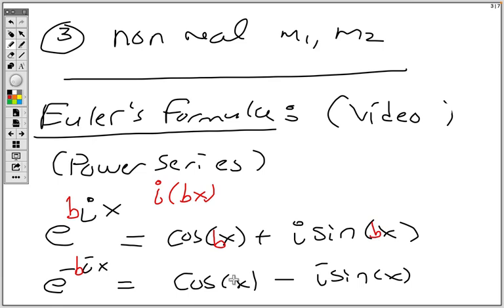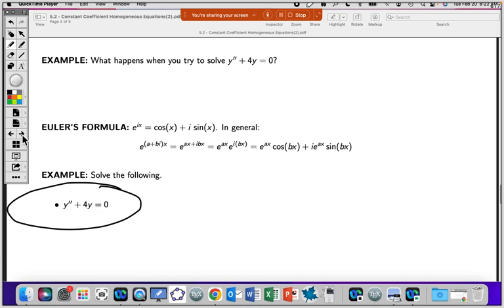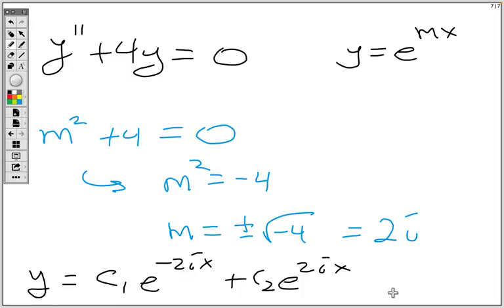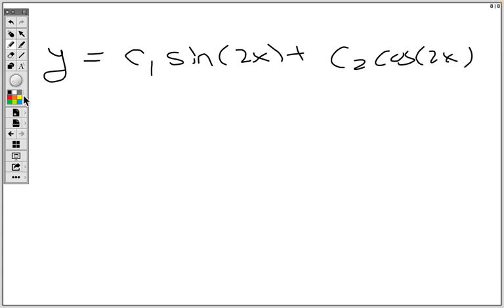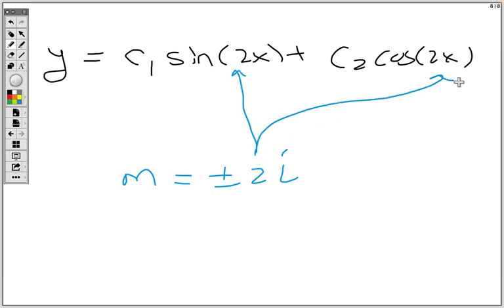So the coefficient b ends up being the frequency of the sine and cosine. So instead of writing our solution this way, we're going to write it as c1 sine of 2x plus c2 cosine 2x. So once again, the frequency here, 2, comes from the coefficient of the i, right?